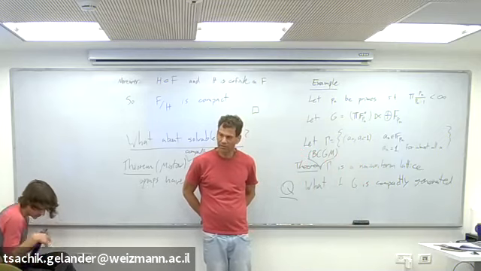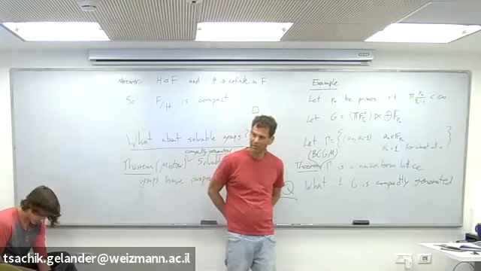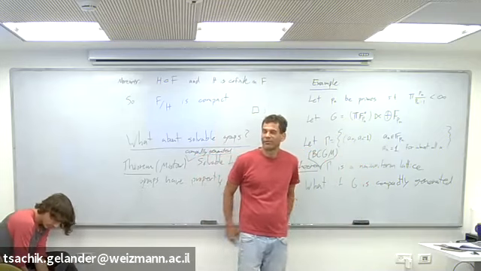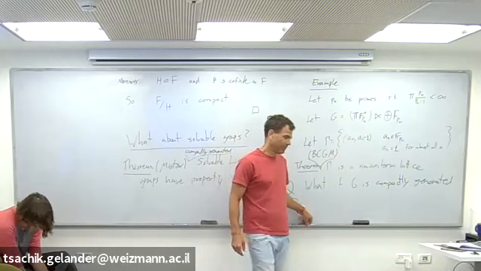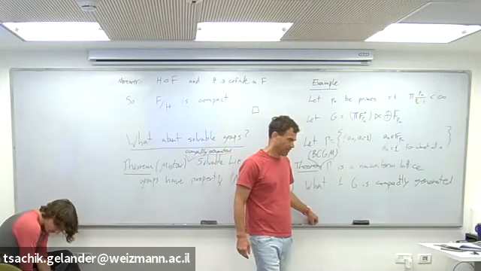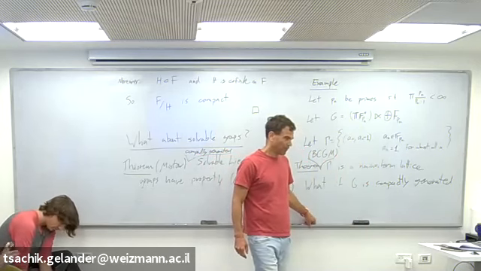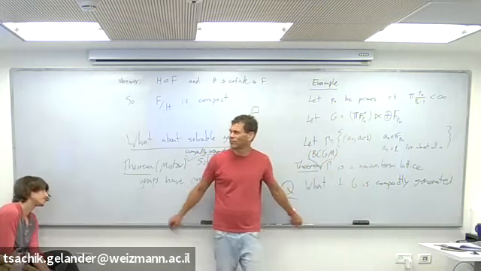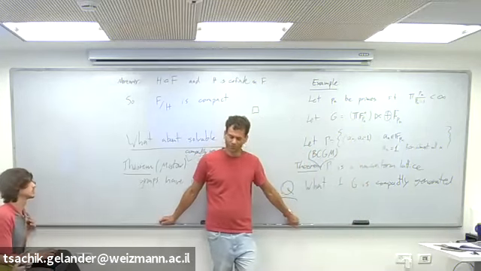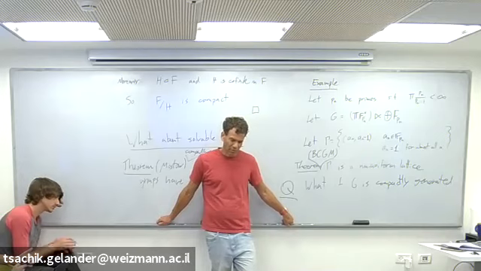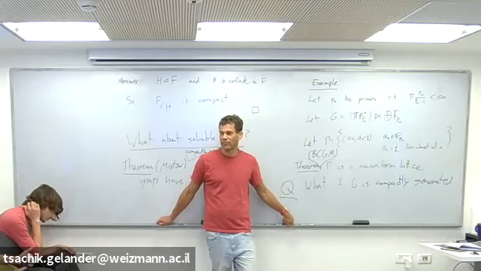Yeah, just compact times the group, but that's not a good example. I need to think if I have a good example.